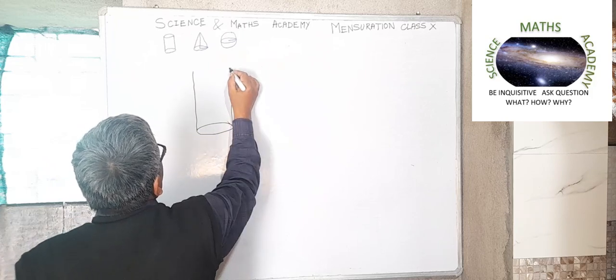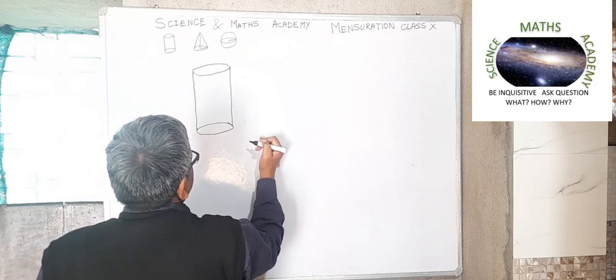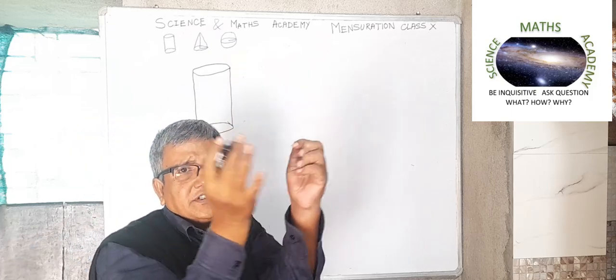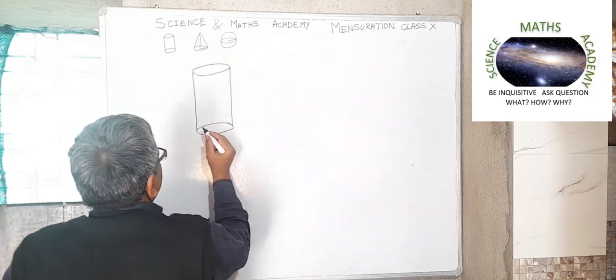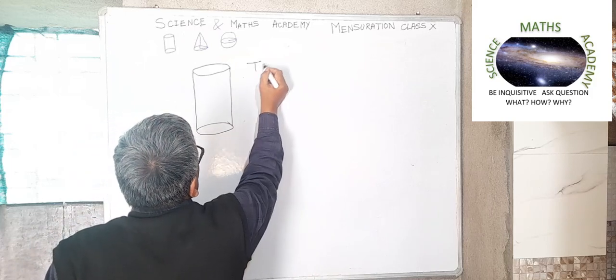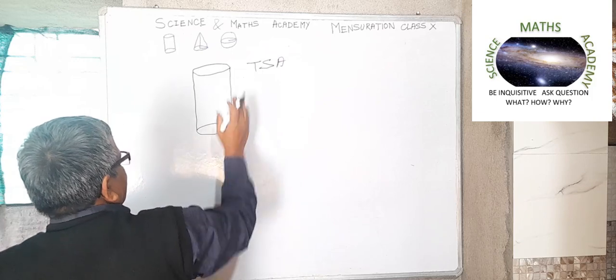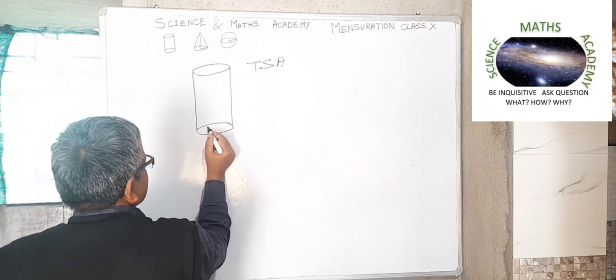This is a cylinder. Cylinder has three surfaces: bottom, top, and curved surface. Now, sir, total surface area. This is pi r square, because this is a circle.